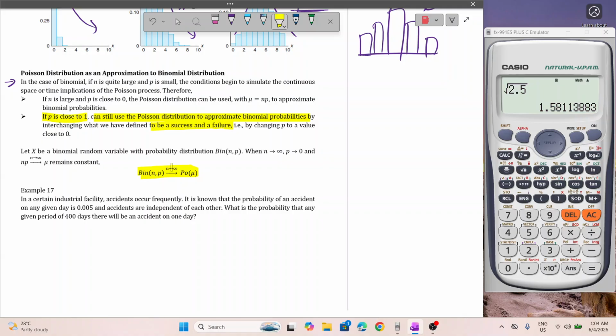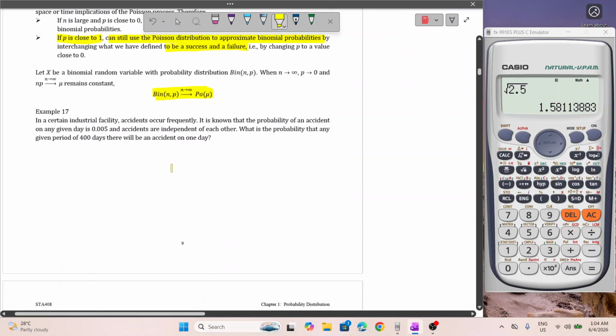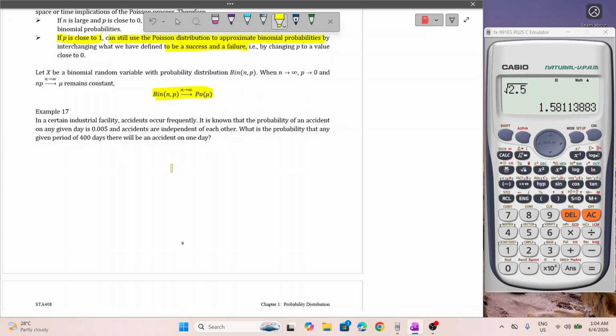Actually, it is when the mean is larger. So now I think we can understand the situation better by solving example 17.